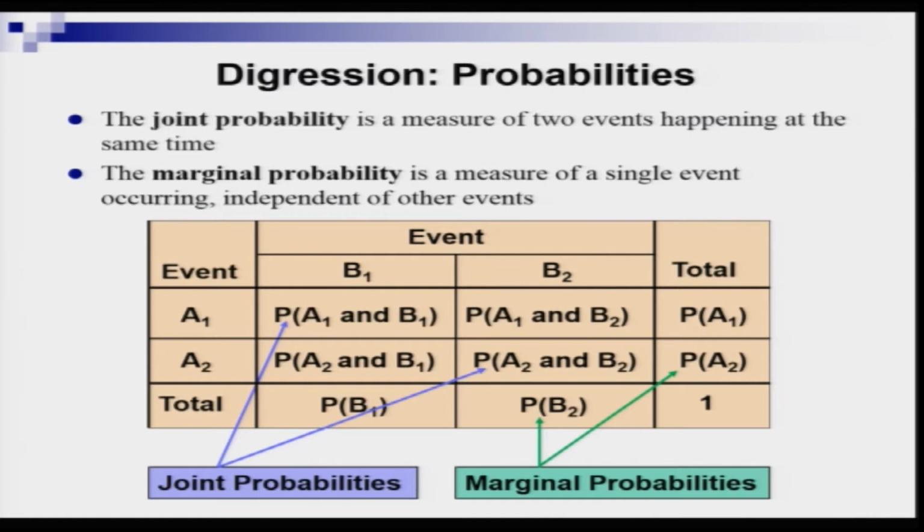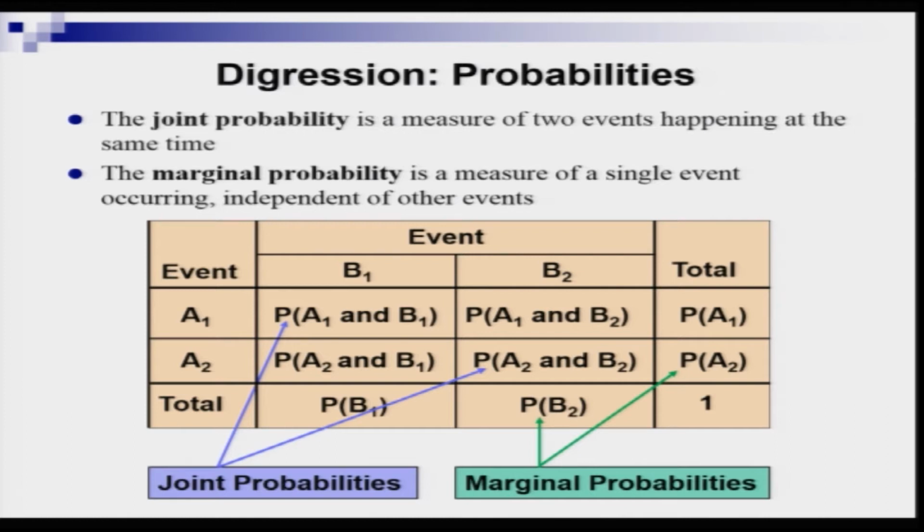So, let us talk about two types of probability measures, joint probability and marginal probability. A joint probability is a measure of two events happening at the same time. So, if we are talking about events A1, A2 and B1, B2, then joint probability could be the probability of an event when A1 and B1 both occur, or A1 and B2 both occur, like that.